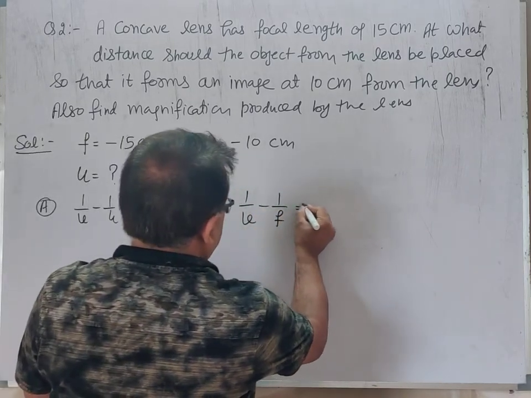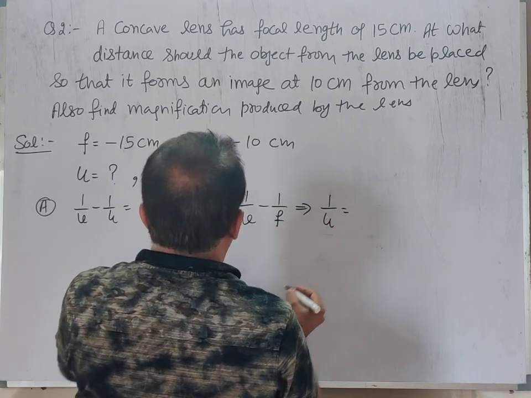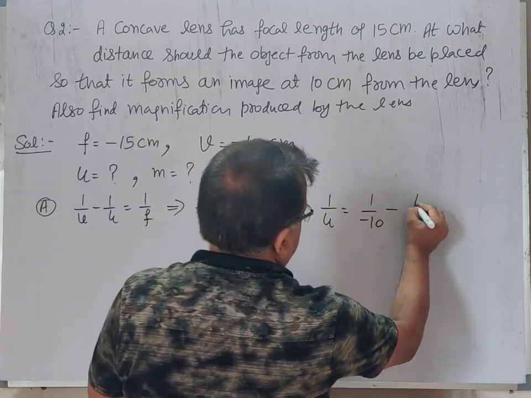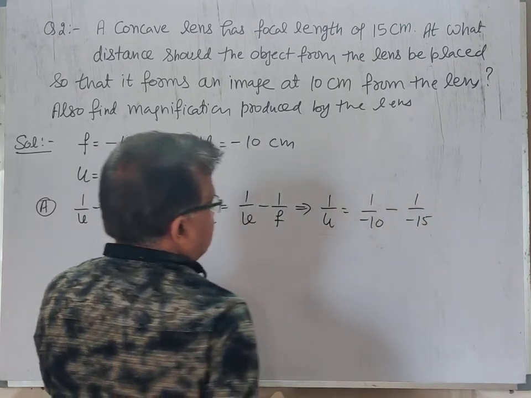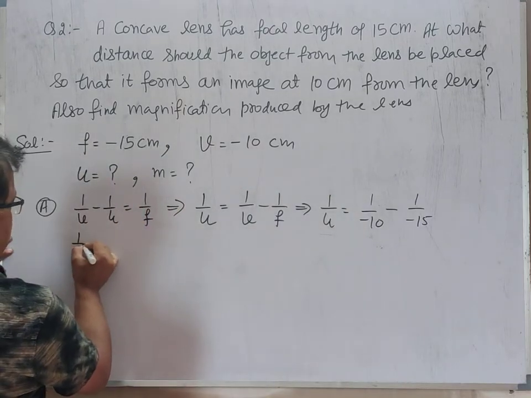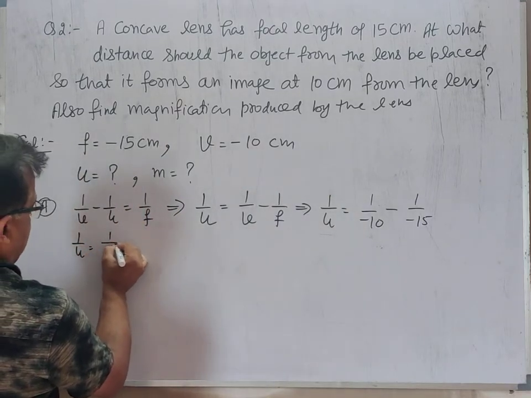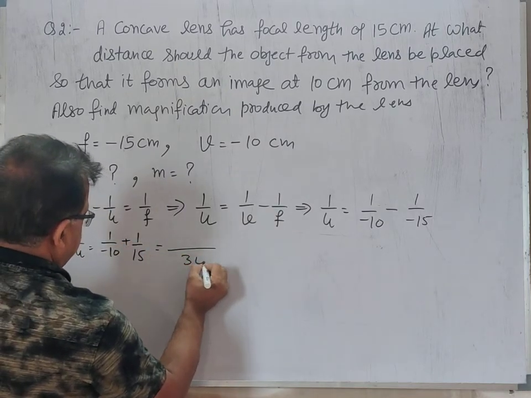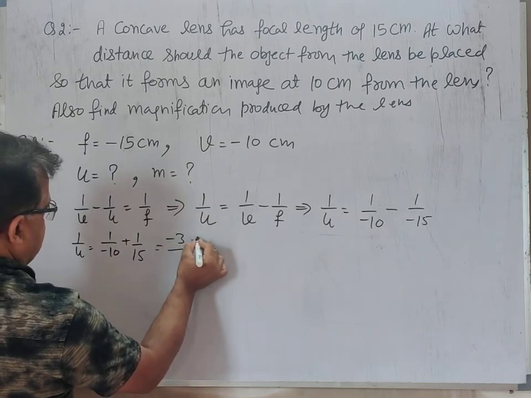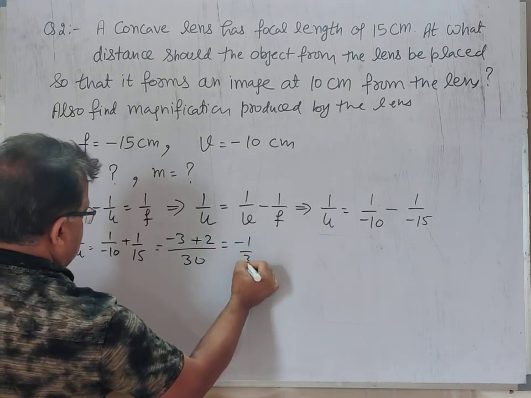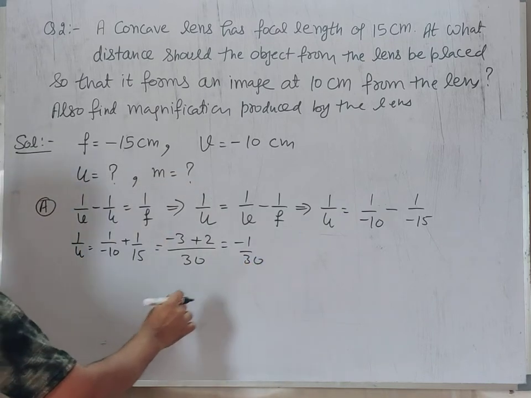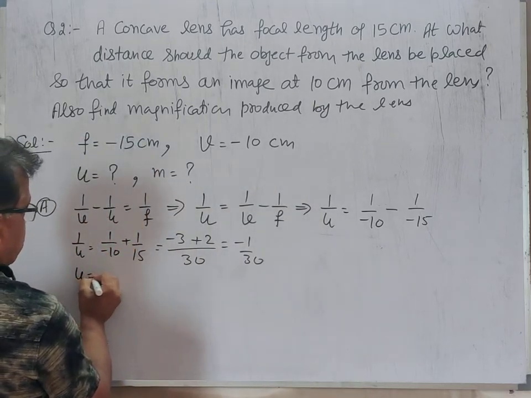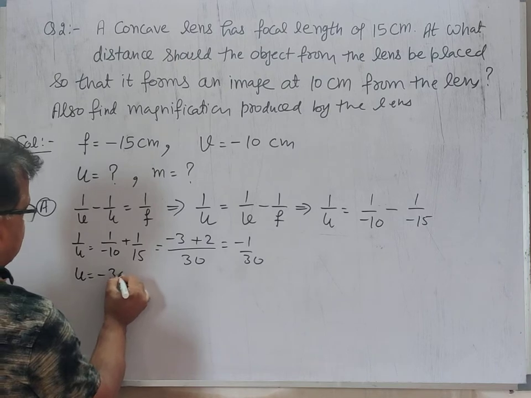So if we place the values, 1 by u is equal to 1 by v, that is 1 by minus 10, minus the value of 1 by minus 15, these minuses become plus. So 1 by u is equal to 1 by minus 10 plus 1 by 15. LCM is 30 and here it is minus 3 plus 2. So it is minus 1 by 30. So this is the value of 1 by u. And what will be u? u is equal to minus 30 centimeter.